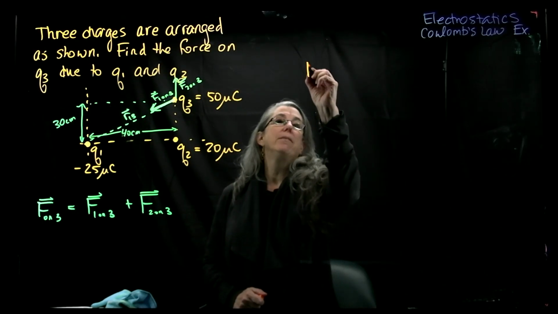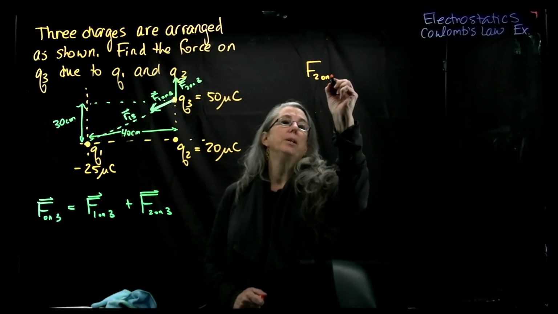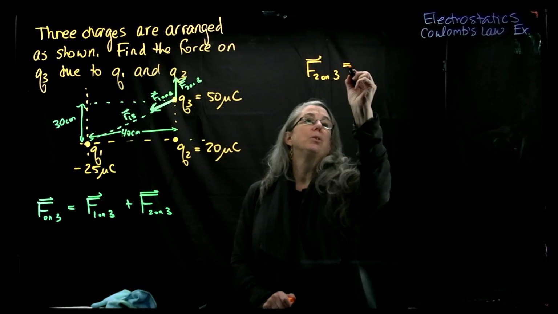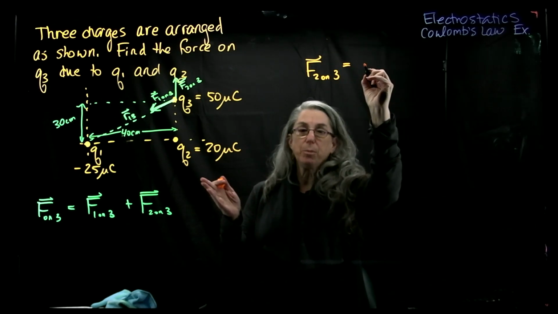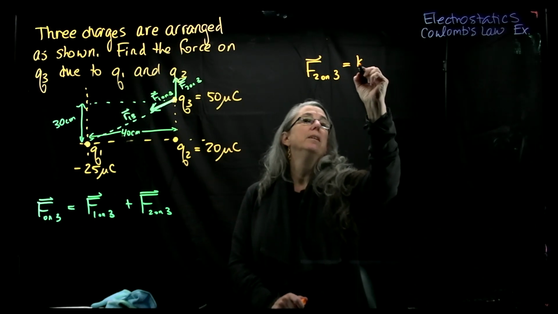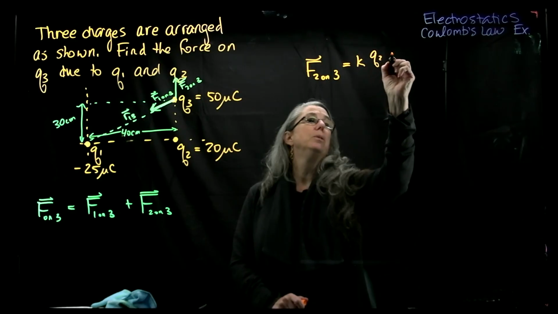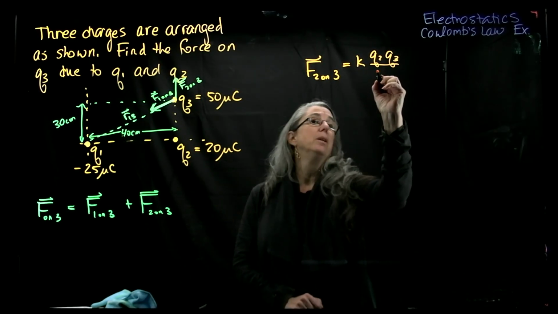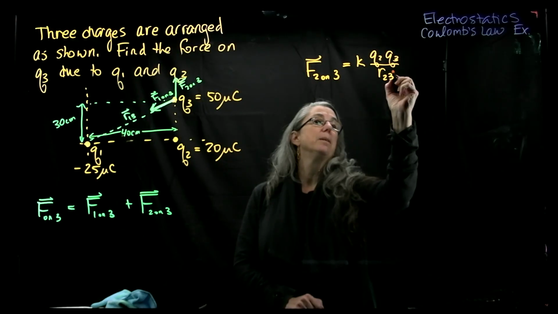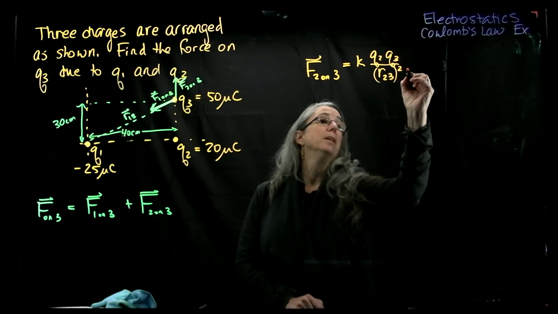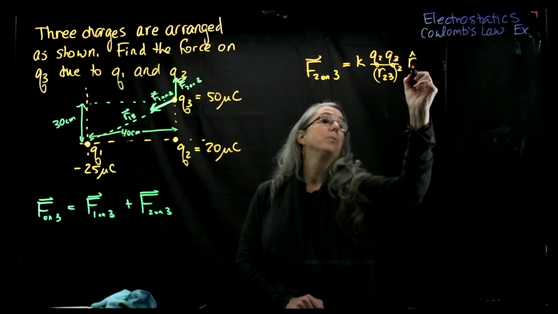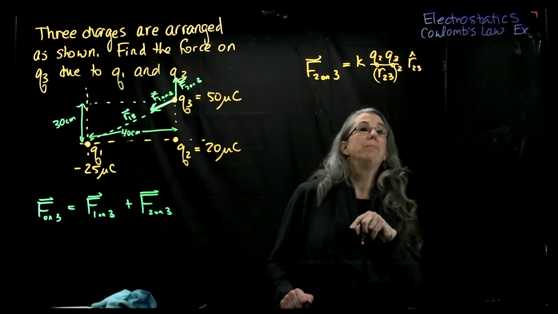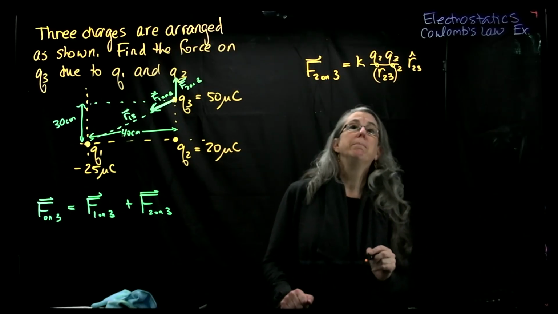So to get F2 on 3, just Coulomb's law. Now it's broken down to where we just have 2 charges at once. So K, Q2, Q3, over R23 squared, R23 being the notation I'm using, which I didn't label on the picture, and then R23 hat, meaning the unit vector from Q2 to Q3.